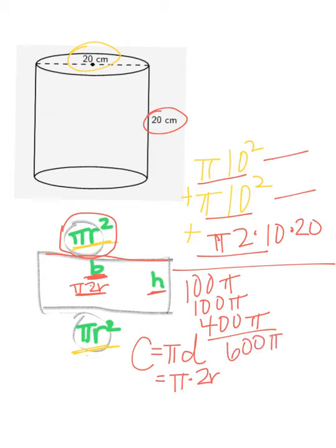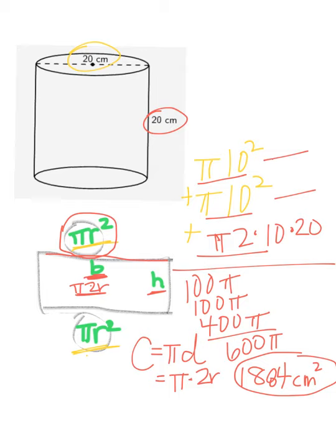And then you could plug in and find what 600 times 3.14 is. Get my calculator. So 600 times 3.14 is 1884 centimeters squared.